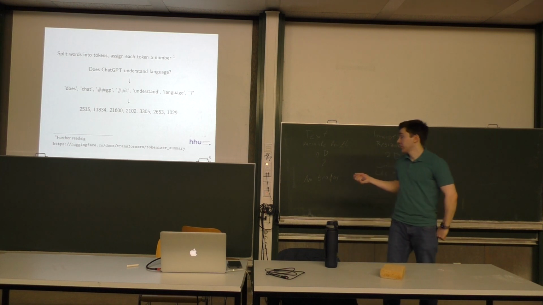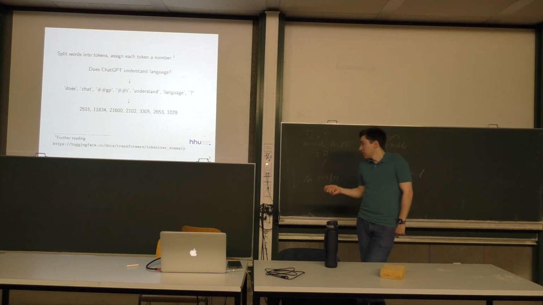There are lots of different ways to do this. This one is from the WordPiece tokenizer, which basically takes a very large corpus, a data set of words, and looks at which words are very common and assigns each of them its own token, and then which words are a little bit less common, and splits them into two tokens.